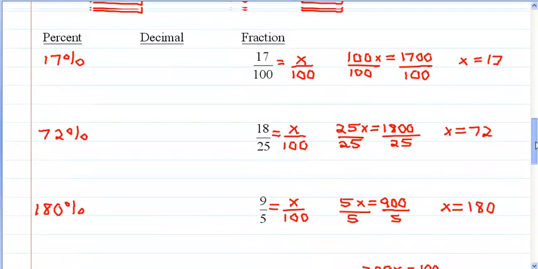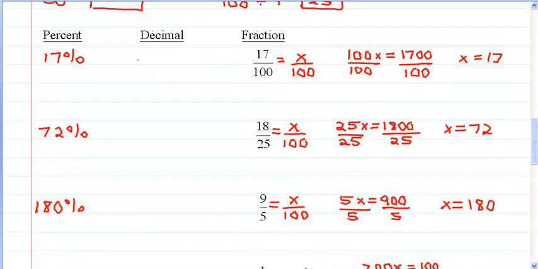And now that I have my percentages, I want to take my 17, take the decimal, move it over 2 places to the left, so my decimal answer is 0.17. For 72%, it's 72 point, move it over 2 places to the left to get 0.72.